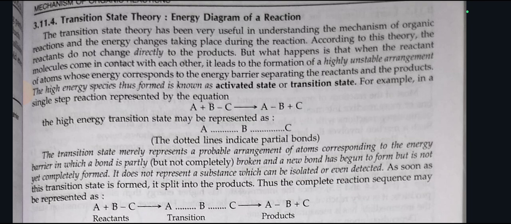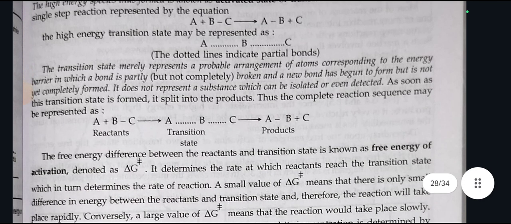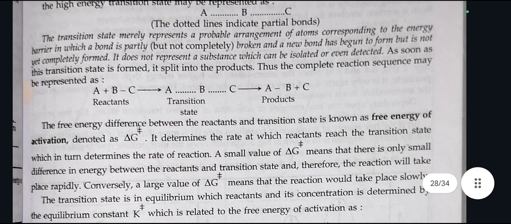For example, in a single step reaction represented by the equation A plus BC gives AB plus C, the high energy transition state may be represented as A-B-C. The dotted lines indicate partial bonds.